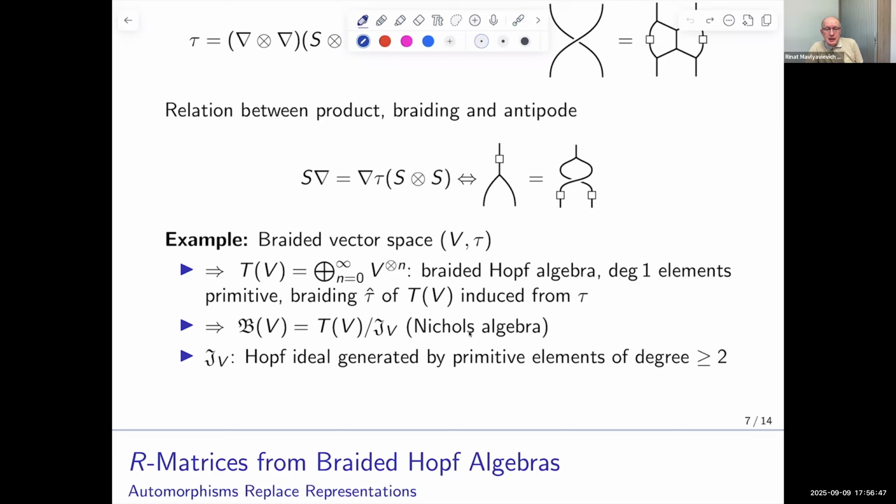Because in retrospect, when you understand what a Nichols algebra is, you realize that the theory of quantum groups is just the tip of an iceberg, which is visible above the water, and the huge invisible part is hidden under the water. And this is what Nichols algebra is compared to the theory of quantum groups.